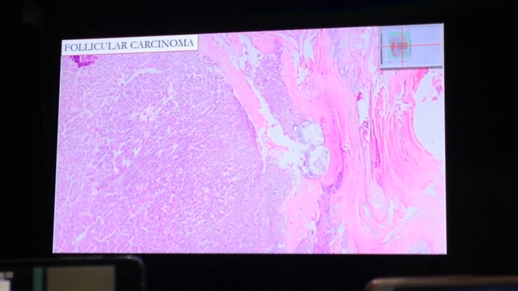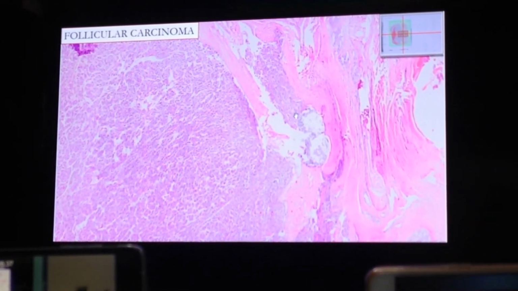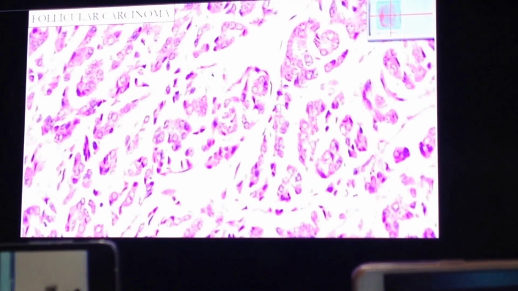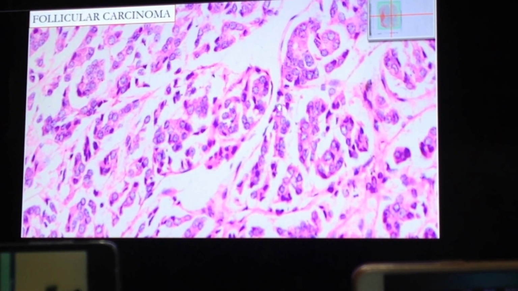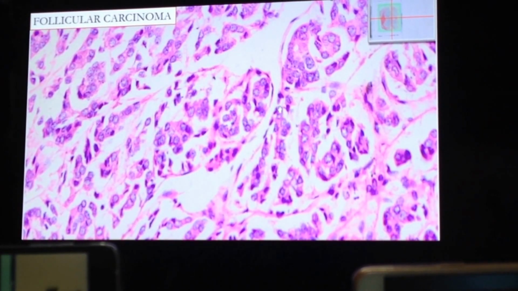It's hematogenous. Your papillary carcinoma is lymphatic. Here you can see slightly enlarged cells, but it has a uniform appearance.